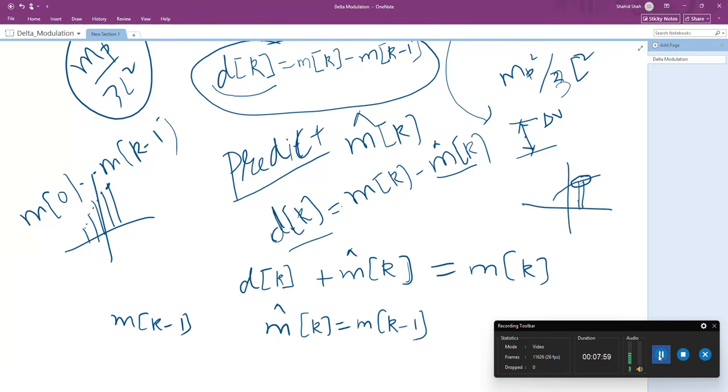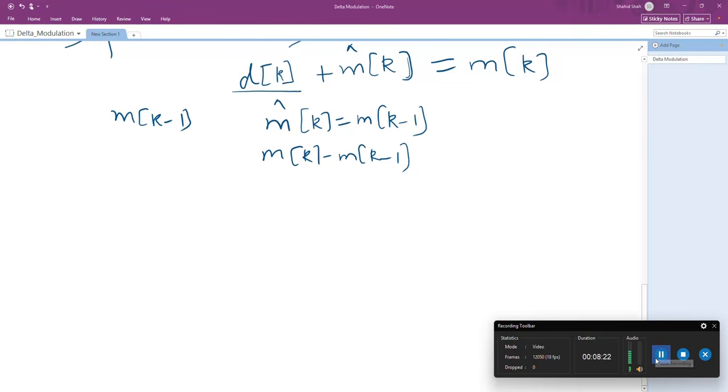Then you will be transmitting the difference equal to m[k] minus m[k minus 1]. As you progressively do this, you are not transmitting the quantized value, rather you are transmitting the difference of the quantized value. That decreases the number of bit requirement a lot.